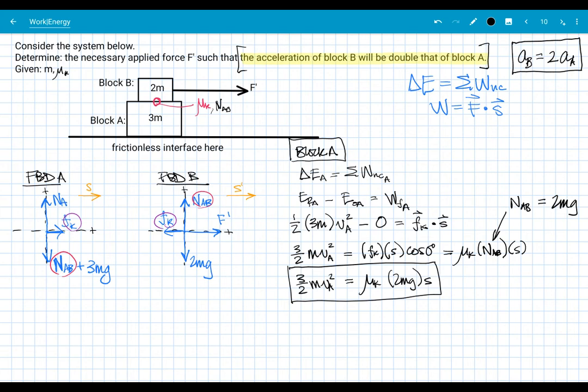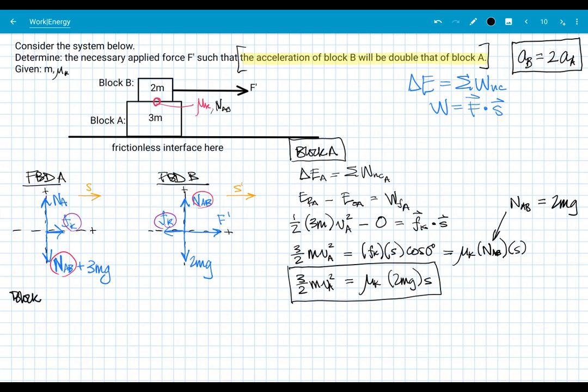Now, I tend to box my equations because I like to be able to count how many independent equations I have and make sure I have the same number or more as my unknowns, so that I'm going to be ready to go algebraically. Okay, so that's block A analysis.